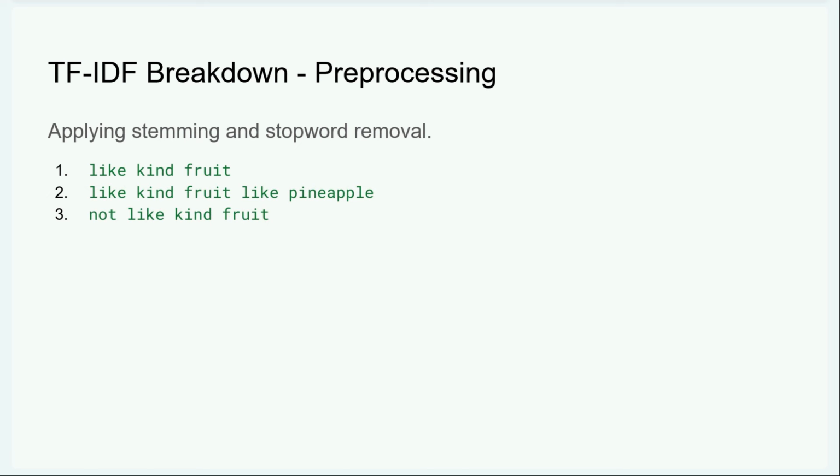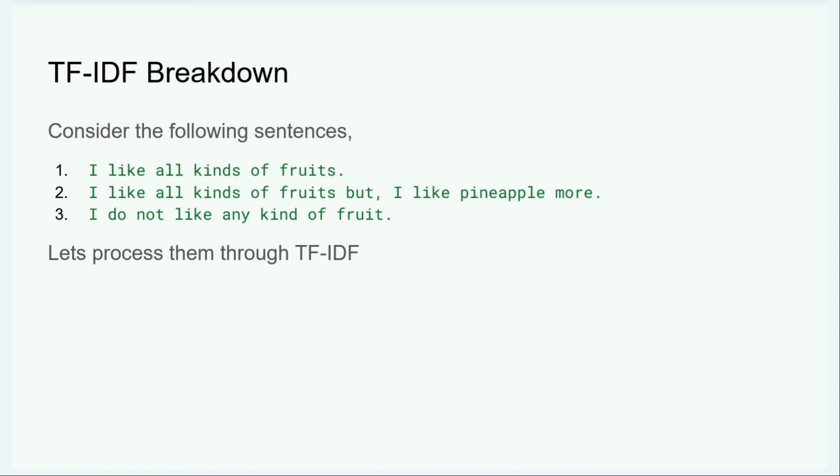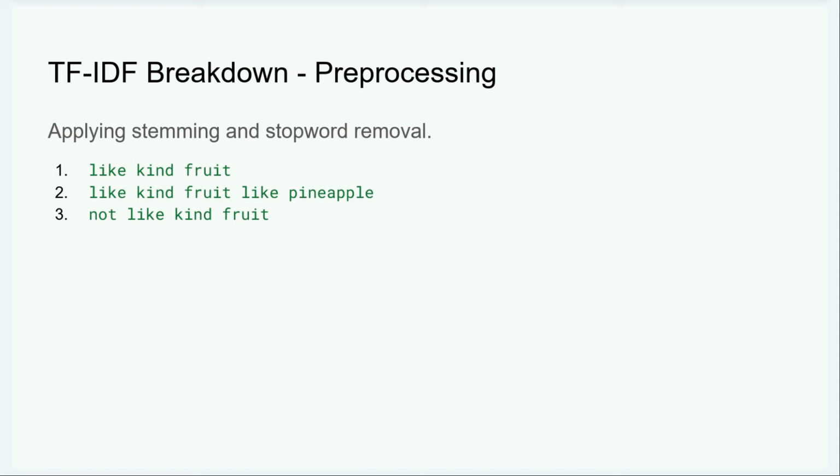So all the stemming or the things that we learned just now, that is stemming and stop word removal, let's do that. And the minute we do that, you'll see that we already have reduced the total number of tokens in our set. So the first sentence just translates to like kind fruit. Second one is like kind fruit like pineapple. And the third one is not like kind fruit.